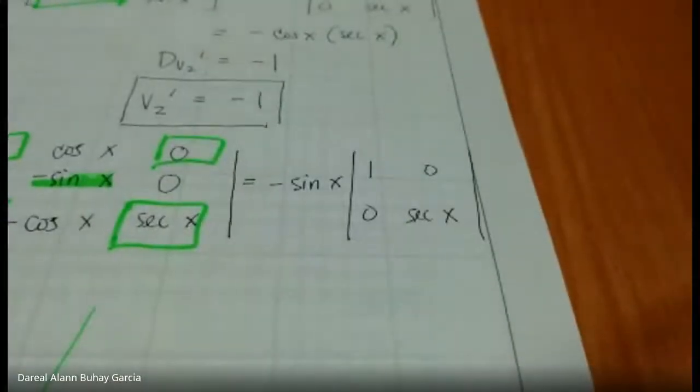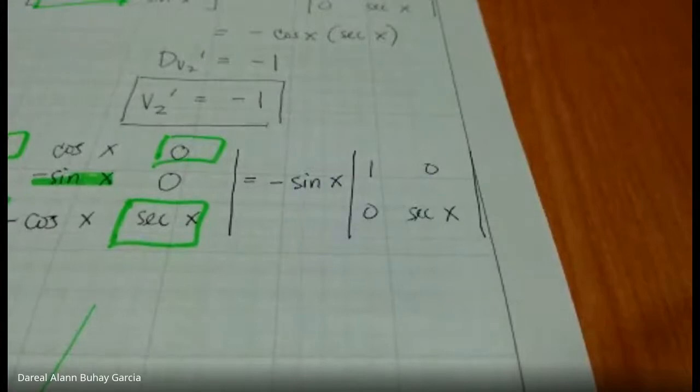Kana o ito. 1, 0, 0. Sino sa taas, no? 1, 0, 0, secant x. Tangent, no? Negative tangent. Yes, sir. Negative tangent x. Very good.